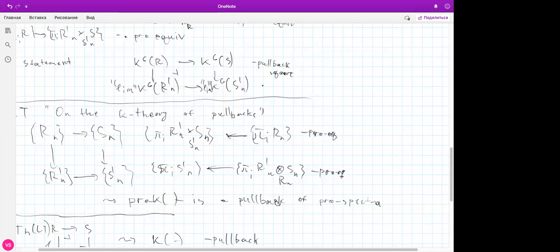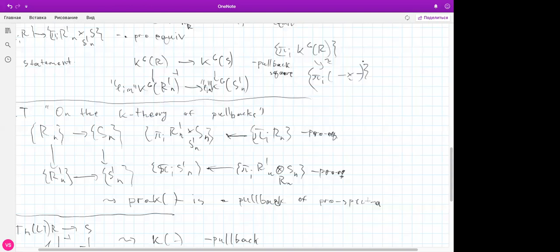But what does it mean to be a pullback square here? It doesn't actually mean that it's a pullback square in prospectra. It means that it's a pullback square up to pro-completion. So it's saying that pi_i of K of R to pi_i of the pullback is an equivalence for all i, but not the prospectra themselves.